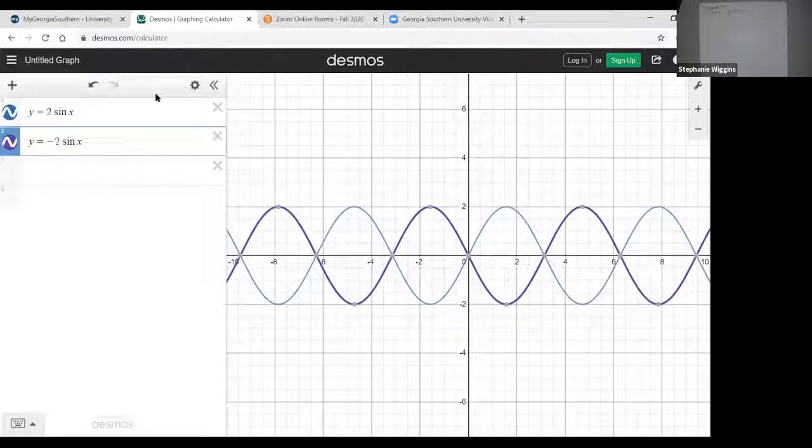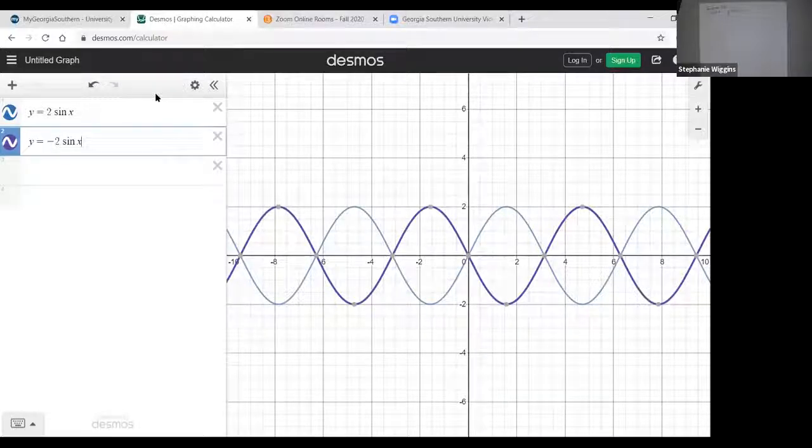So what was above is now below, and what was below is now above. So whenever you multiply by a negative like that out in front of your function, it's going to flip your whole entire graph over the x-axis, and you're going to have a reflection there, if you will. Okay, that's called reflecting. All right.